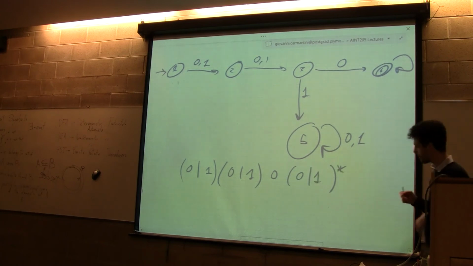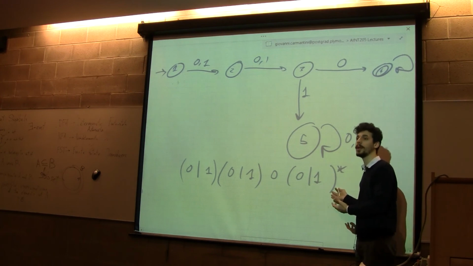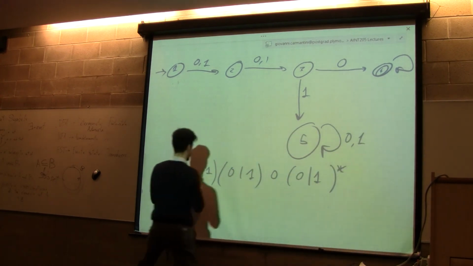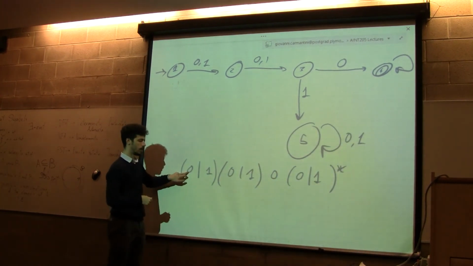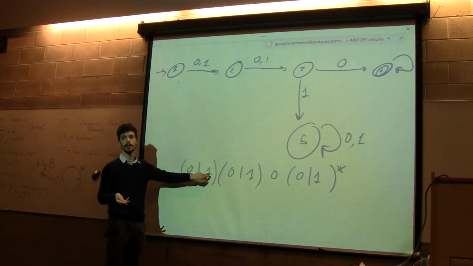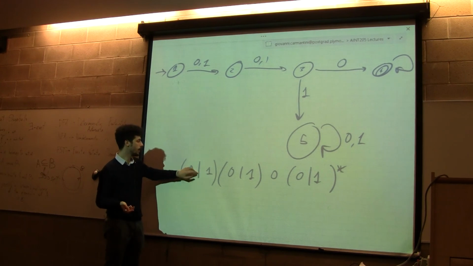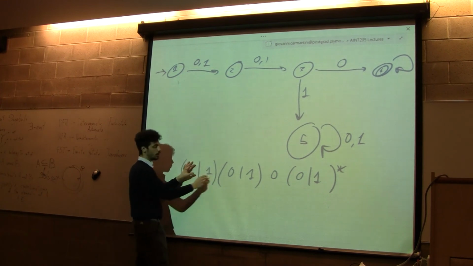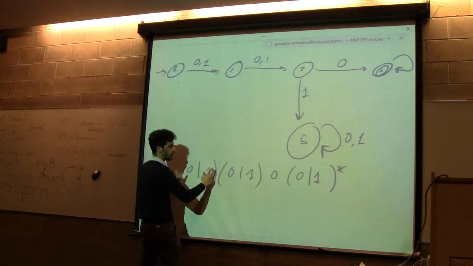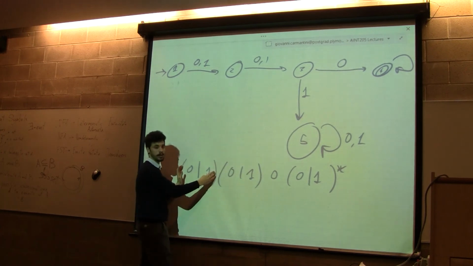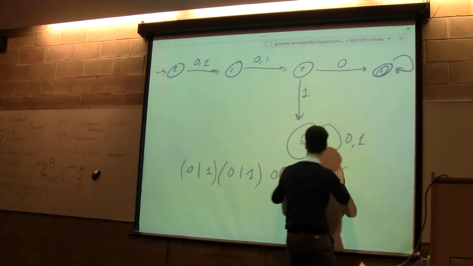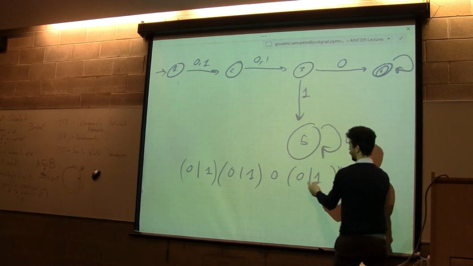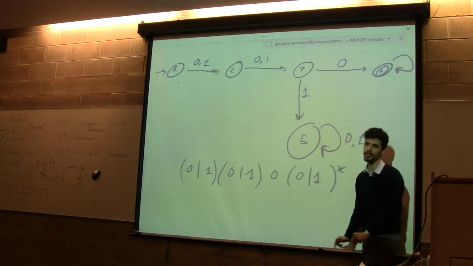So this is a regular expression, right? As I told you, inductively you can say this is a regular expression, this is a regular expression because they're elements of your alphabet. They're alternatives, so 0 or 1 is a regular expression. The grouping is a regular expression. Concatenation, so you're concatenating here, is a regular expression. And Kleene star of a regular expression is a regular expression, so this is a regular expression.